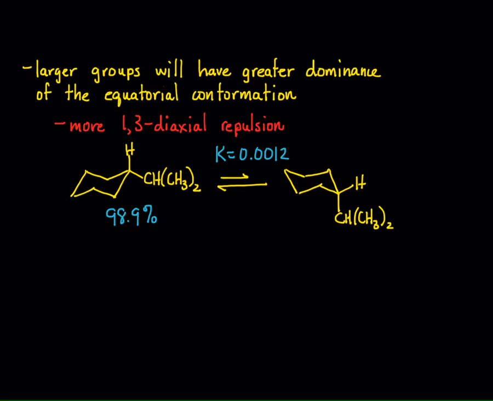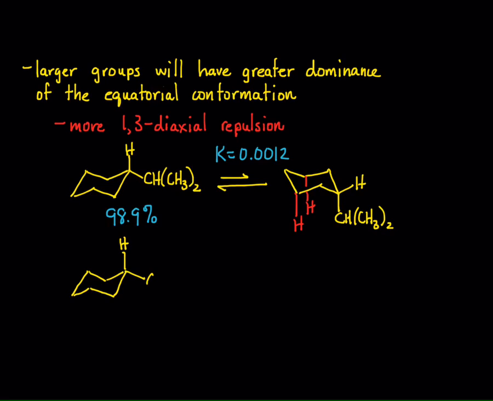And so if I calculate what that means in terms of percentages, I see that the isopropyl group is in the equatorial position 98.9% of the time. So only 1.1% of the time it's in the axial position. Why? Well, because of those 1,3 diaxial repulsions. The isopropyl group is even larger, so I have even more steric strain associated with those two hydrogens.